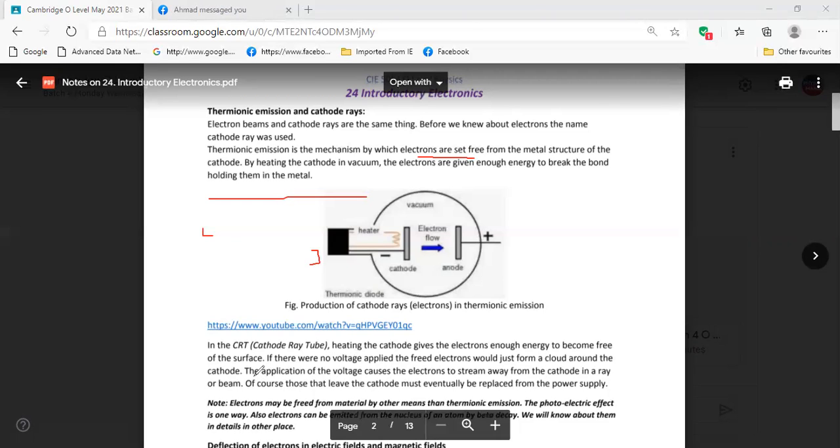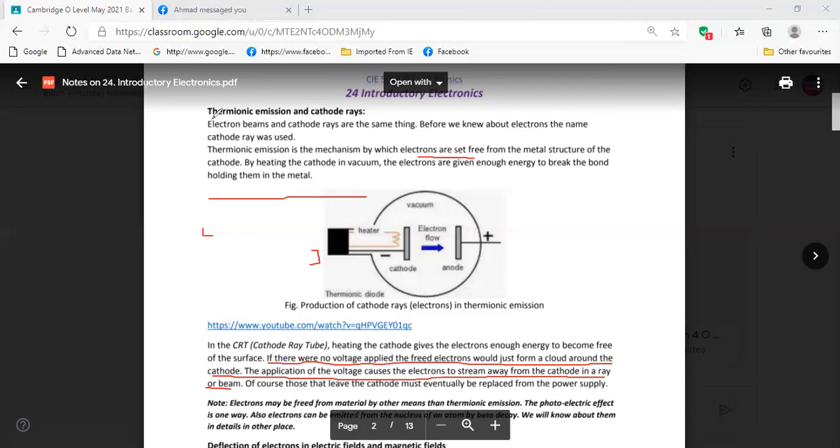Here you write: if there were no voltage applied, free electrons would just form a cloud around the cathode. The application of the voltage causes the electrons to stream away from the cathode in a ray or beam. Now this process is called thermionic emission.